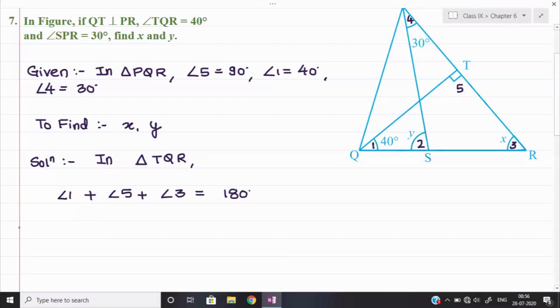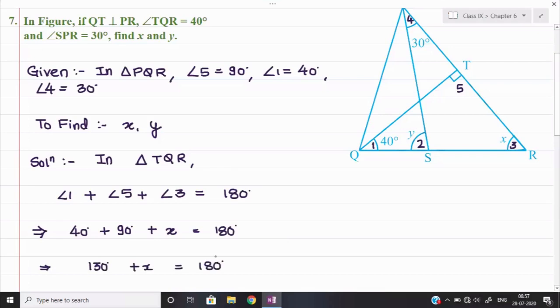Now, angle number 1 is equal to how much? That is 40 degrees. Angle number 5 will be 90 degrees, and plus angle number 3, that would be x, is equal to 180. Now 90 plus 40 will become 130, plus x is equal to 180 degrees.